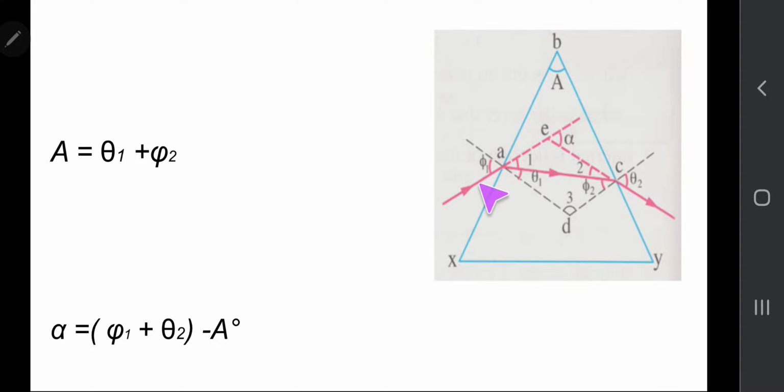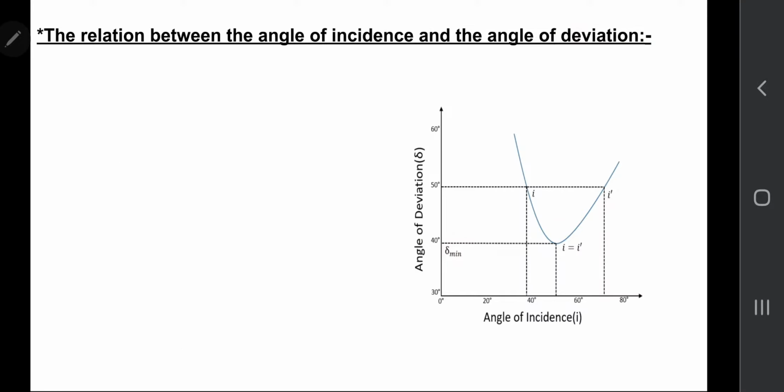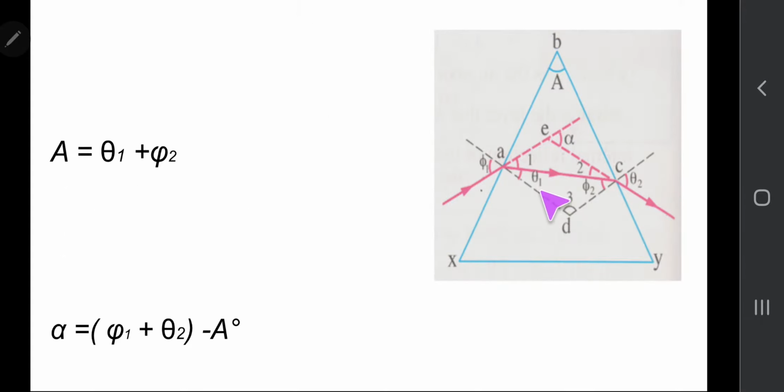So phi 1 is the first angle of incidence, phi 2 the second angle of incidence, theta 1 the angle of refraction, and theta 2 the angle of emergence, the second angle of refraction, the angle between the emergence ray and the normal line on this side.